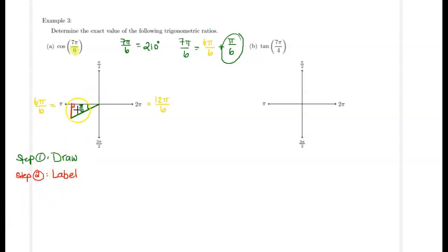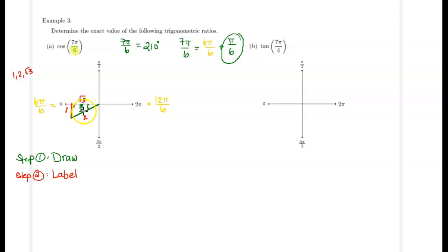Well, this is pi over 6. That means this is going to be a 1, 2, root 3 triangle. This is always going to be 2. My smallest angle will yield the smallest side length that's opposite to it. So smallest angle is opposite the smallest side length, which leaves this to be root 3.